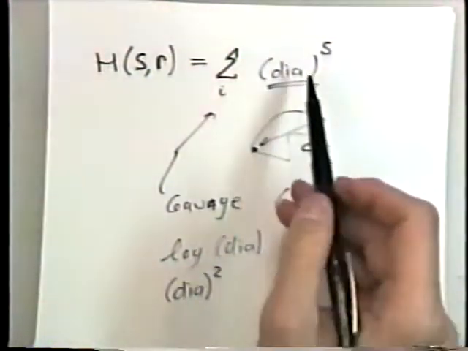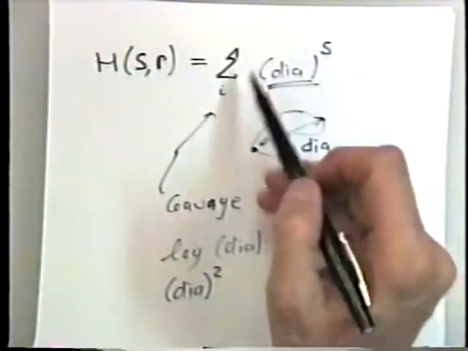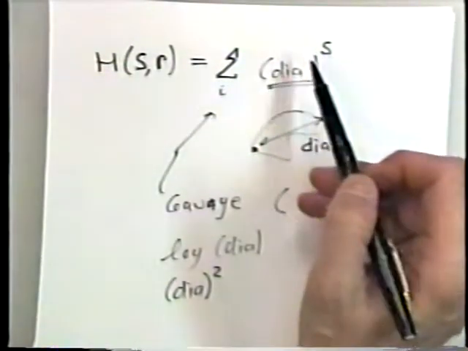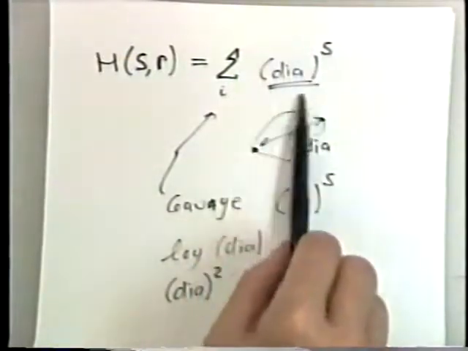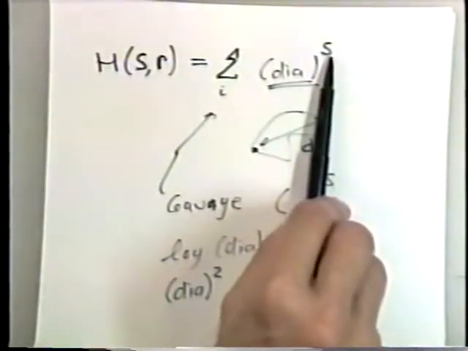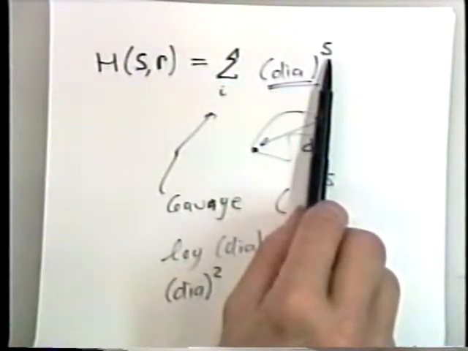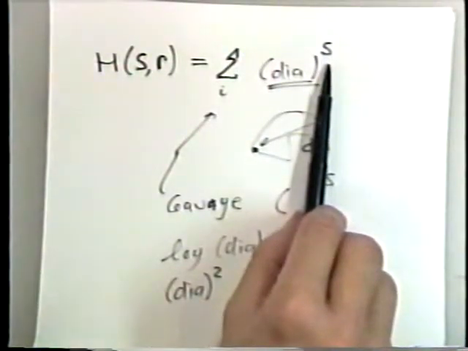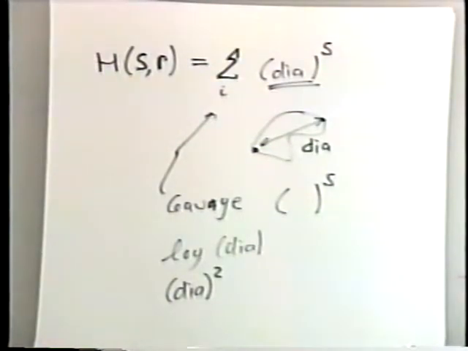This particular way of handling the diameters by raising them to a power is called a gauge function. That's sort of right for what we're doing here, because everything else we've done so far involves powers, so it's reasonable to involve a power also. That's the reason why we're choosing this gauge function.